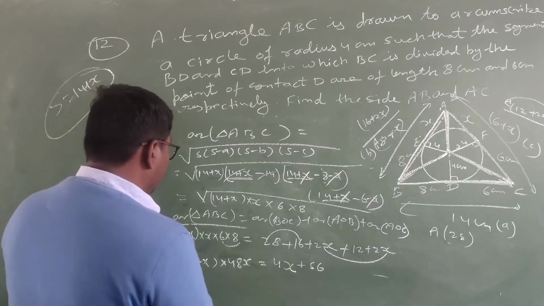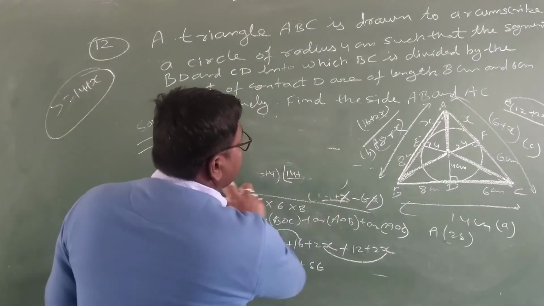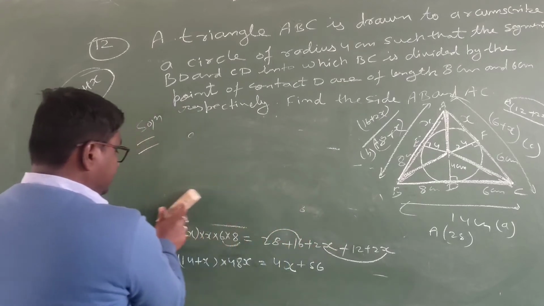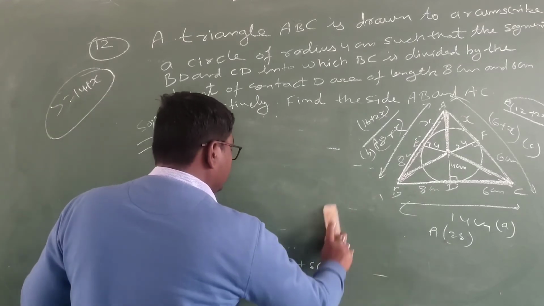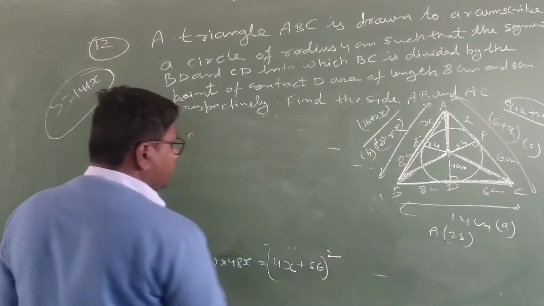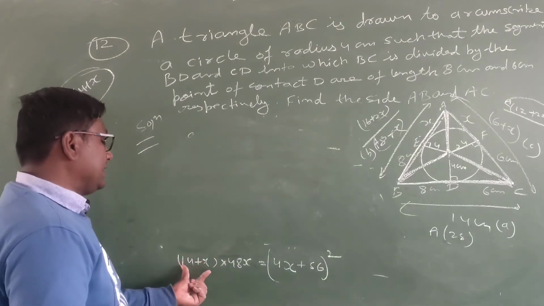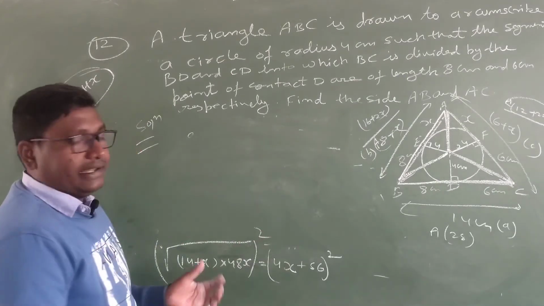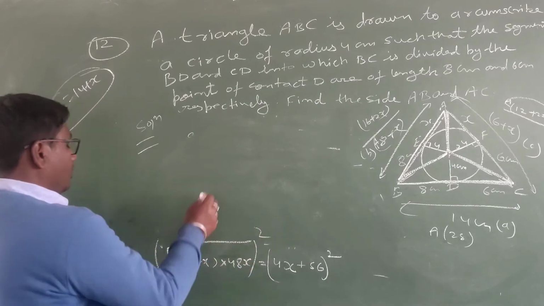Now we need to solve this for getting the value of x. Because there was a square root on this side, we square on both sides. So square and root will be cancelled.